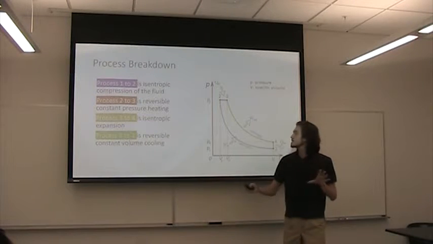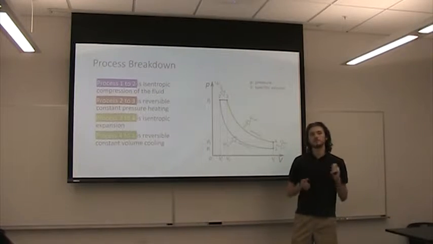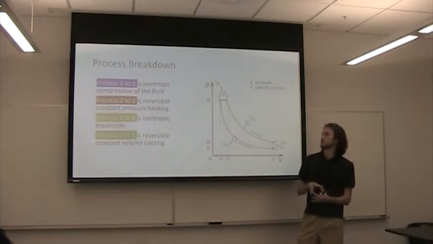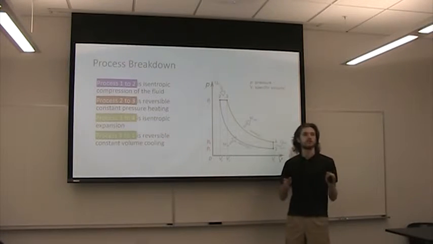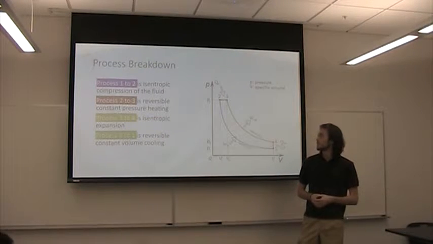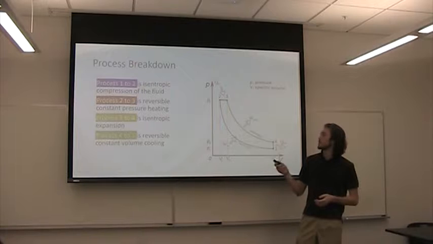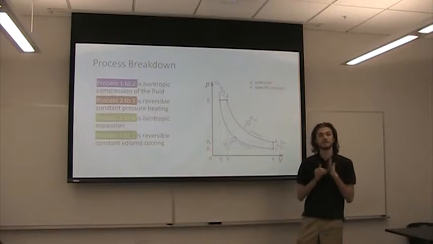Here's the processes on the PV diagram. The first process is from state 1 to 2, which is the compression of air. State 2 to 3 is the instantaneous combustion of the diesel, which produces heat. And that's assumed to be reversible and at constant pressure, since we're looking at an instantaneous process.